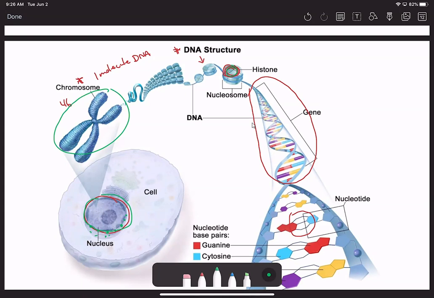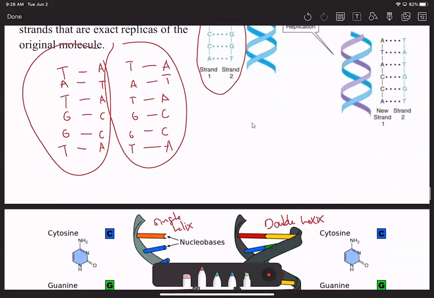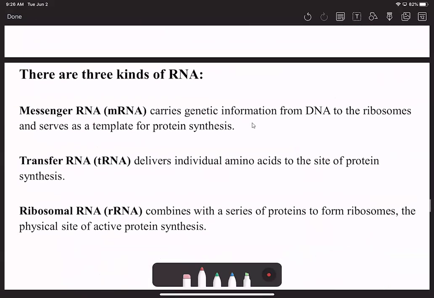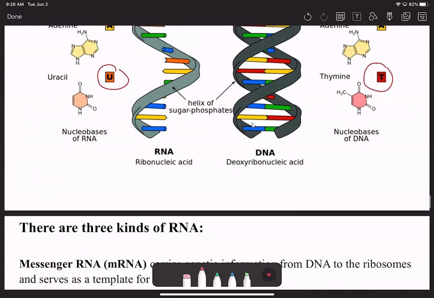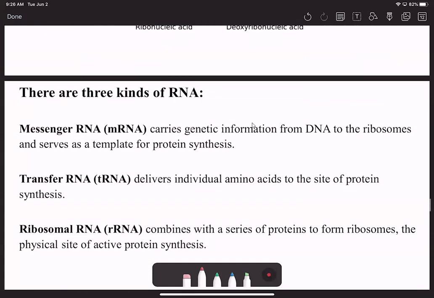But if we can make a complementary strand from a small snippet of our DNA, that is small enough to slip out and carry this information outside of the cell. So RNA is a duplicate, or serves as a template, right?